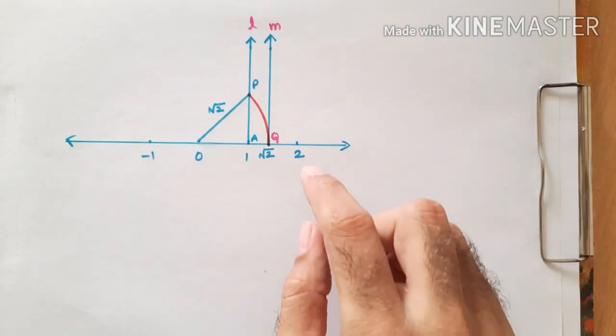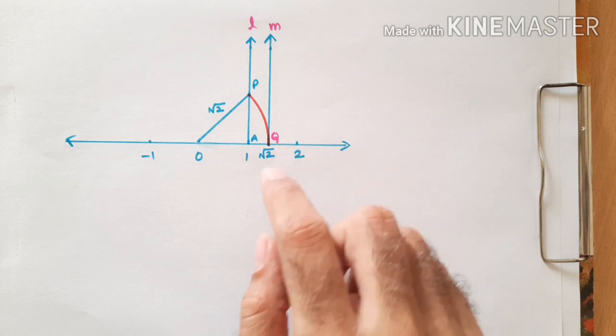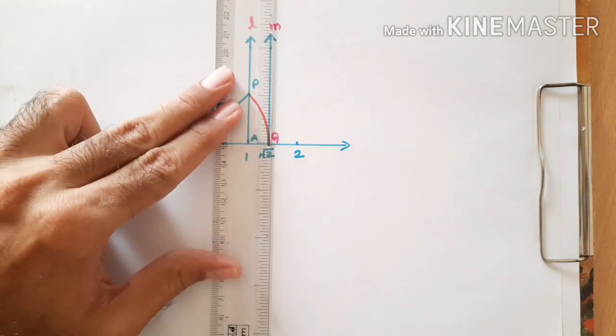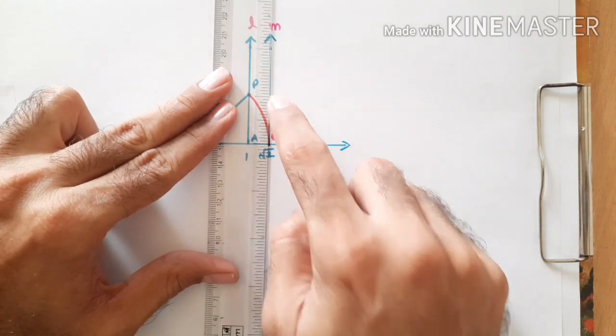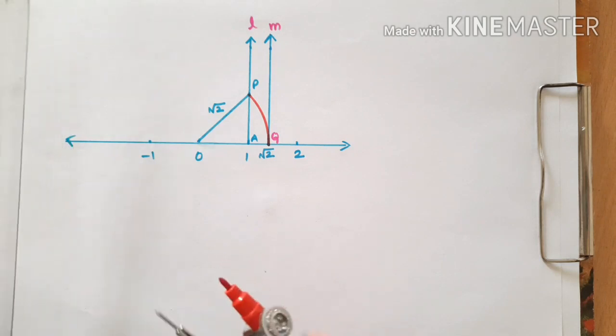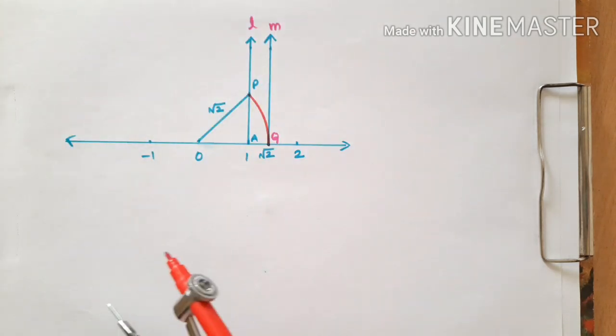You can take this distance of 1 unit with the help of a scale, like this, or with the help of a compass. So a distance which is equal to 1 unit.